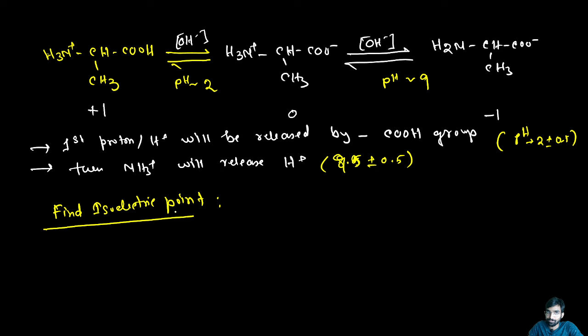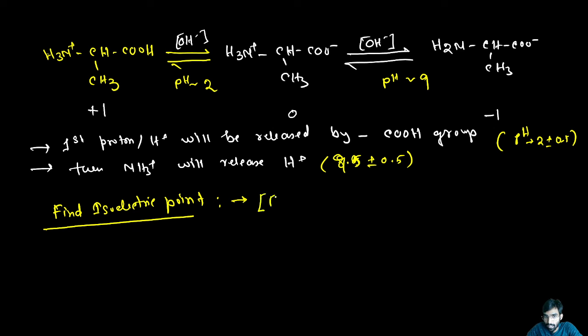So here, the isoelectric point means at that point the amino acid is carrying zero charge. Or you can say it's not moving to the cathode or the anode. Third, the quantity of positively charged amino acid and negatively charged amino acid is the same.